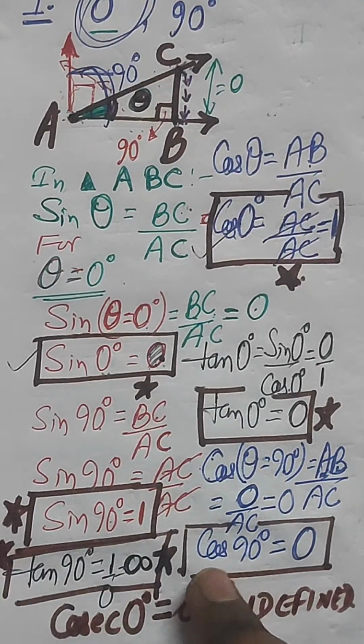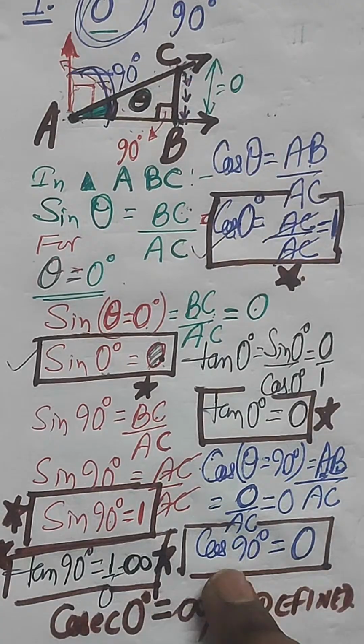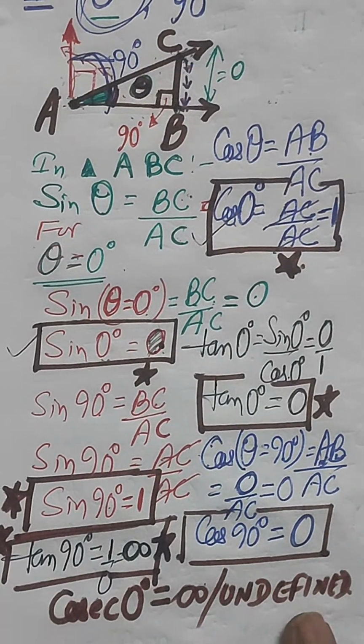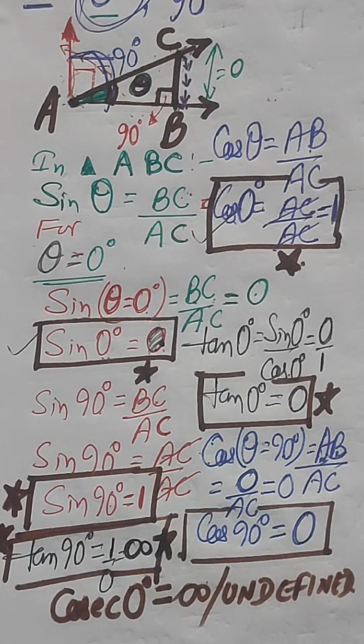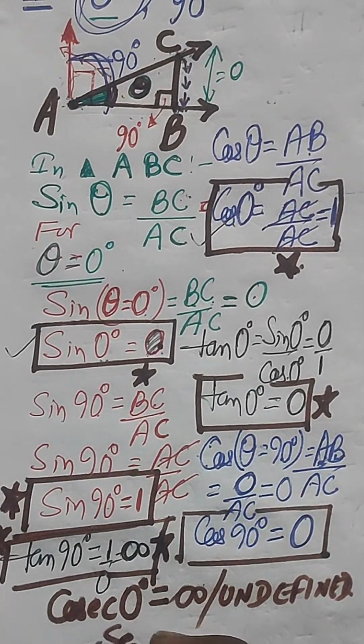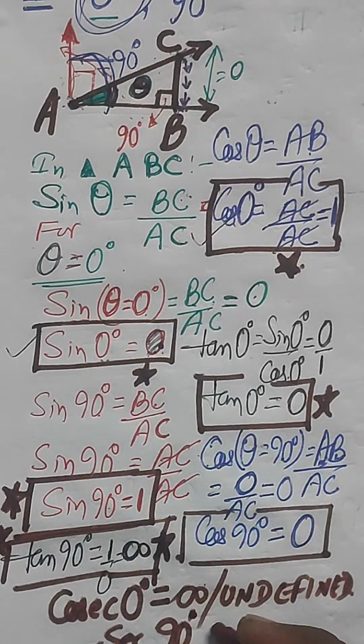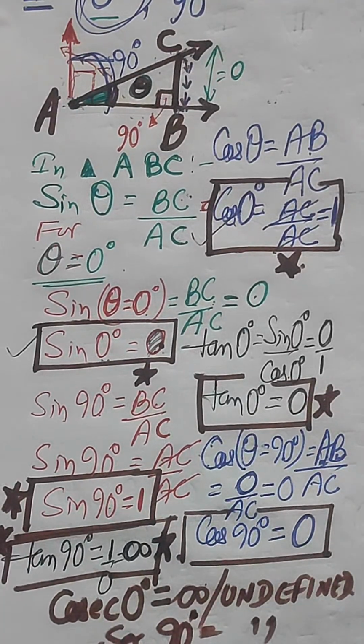And even cos 90 is 0, so sec 90 is also undefined. Sec 90 degree is also undefined.